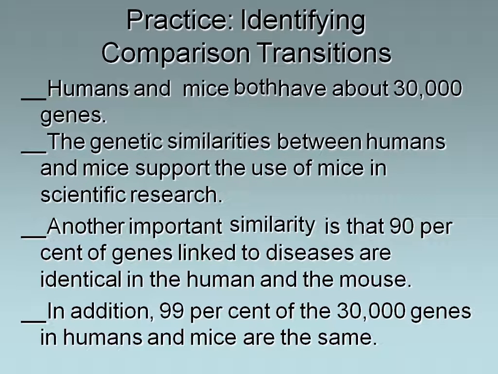Notice how the addition signal words "in addition" and "another" provide important context clues for understanding the proper order of ideas. Now, determine the logical order of the sentences. Write 1 by the sentence that should come first, 2 by the sentence that should come second, and so on.